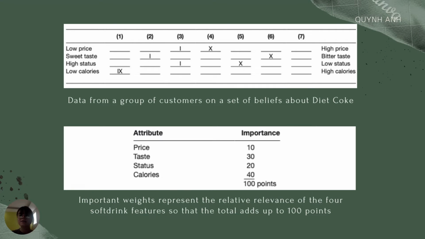To understand the formula more easily, I would like to take an example from the textbook. As you can see from the screen, this is data from a group of consumers on a set of beliefs about Diet Coke, and the importance weights represent the relative relevance of the 4 soft drink features so that the total adds up to 100 points.